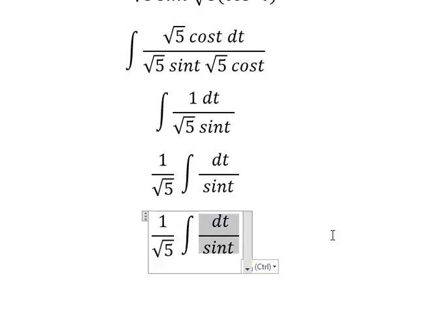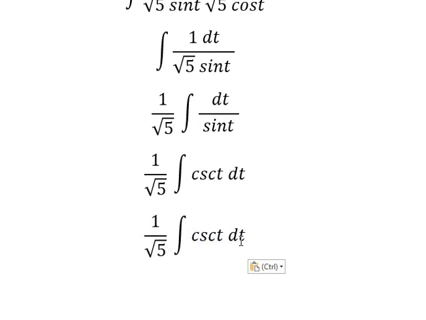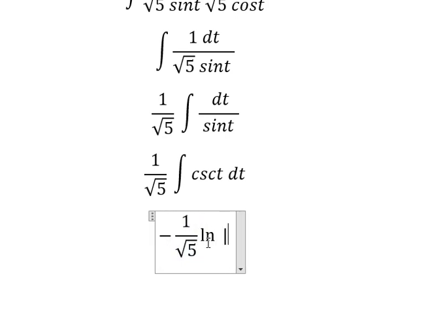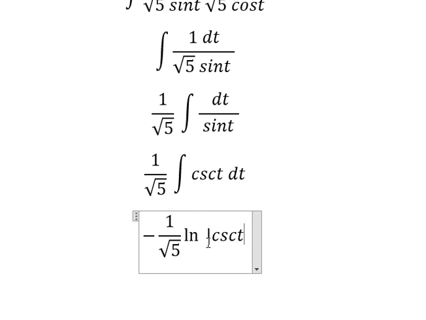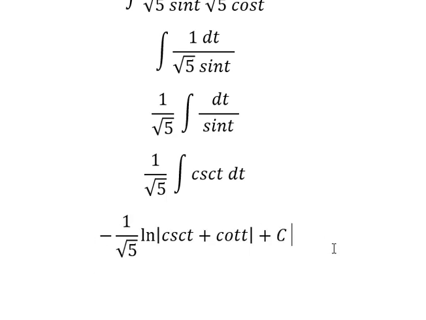This one we have cosecant of t dt. The integration of this is negative ln of the absolute value of cosecant t plus cotangent t, plus c.